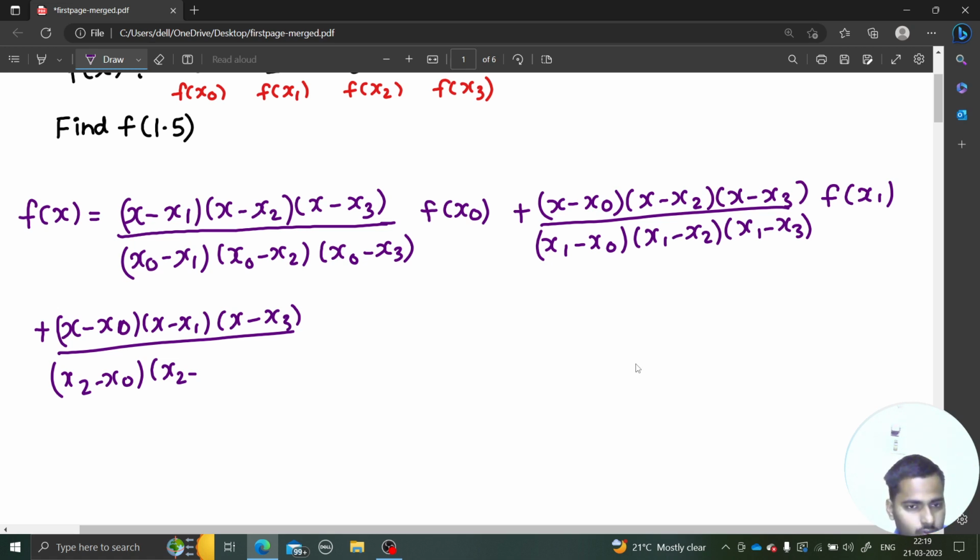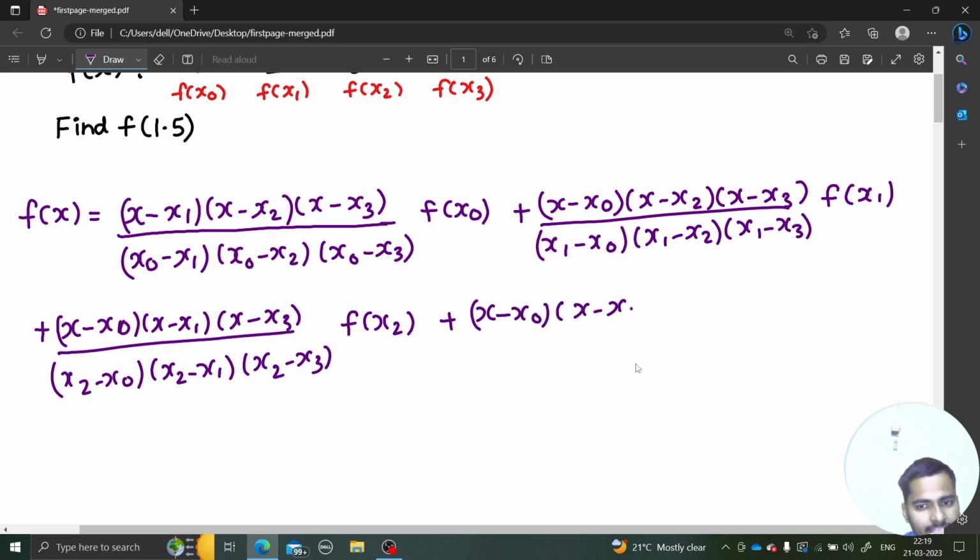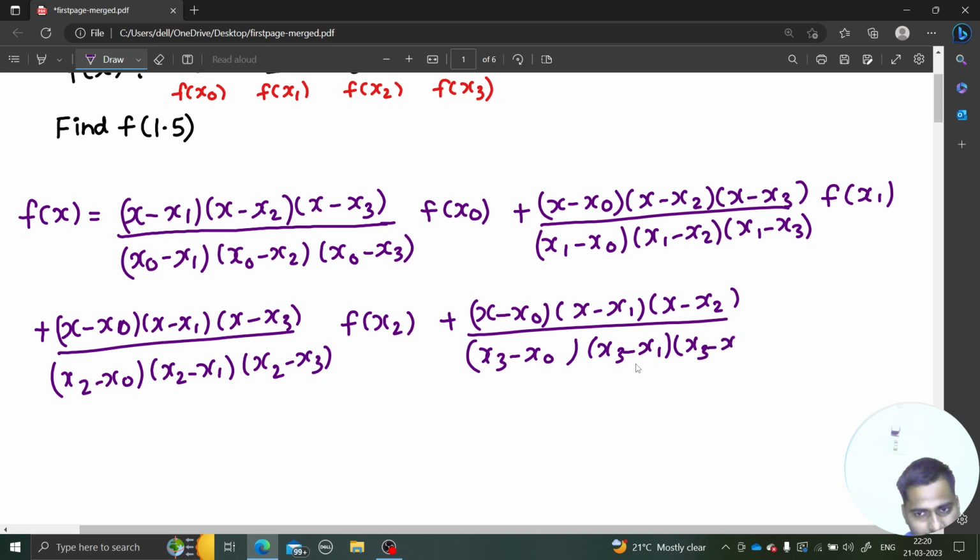So x2 minus x1 and x2 minus x3. Obviously, you can't have x2 minus x2 because that will make it 0. So f of x2. And finally, for x3, you will have x minus x0, x minus x1, and x minus x2, x3 minus x0, x3 minus x1, and x3 minus x2 multiplied by f of x3.